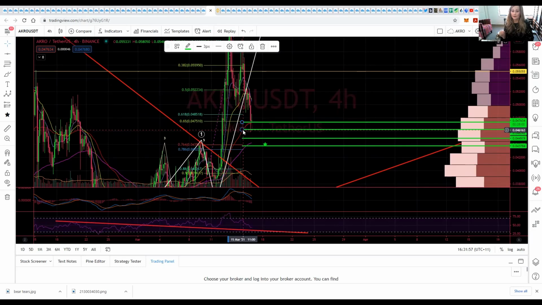Then I'll have another 25% position at 0.46. The next position will be a 20% position at 0.448, and then another 20% position at 0.437. Now, if it does fall below that, I've got 10% more that I will put into that trade. And then once that trade is complete, I will put a stop loss underneath at 3%.